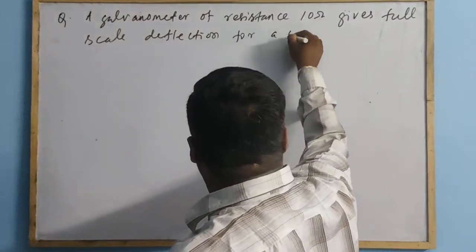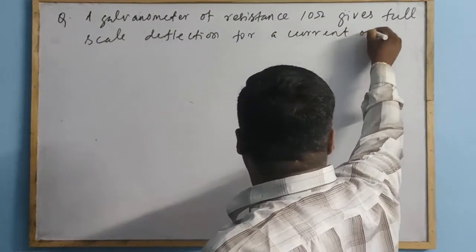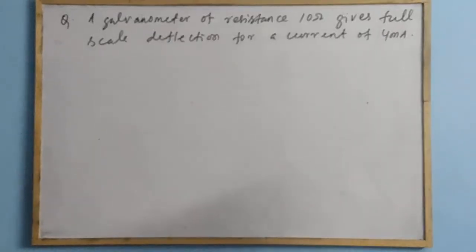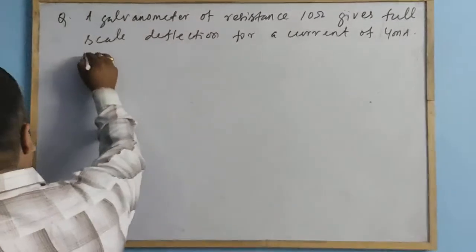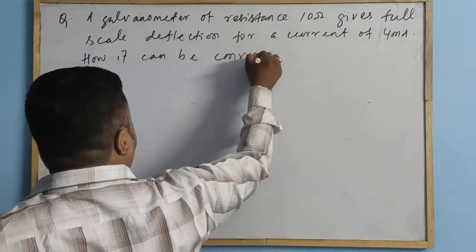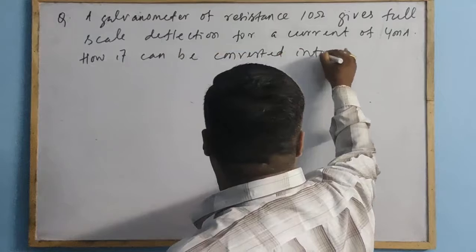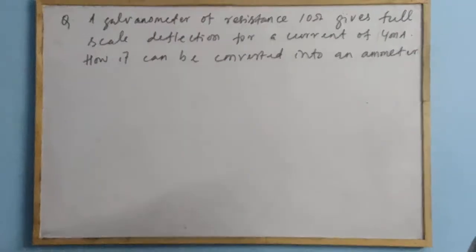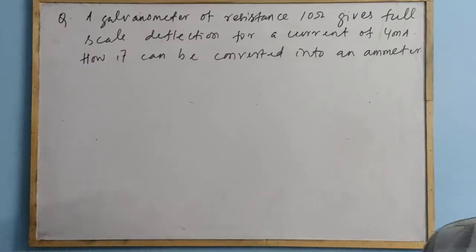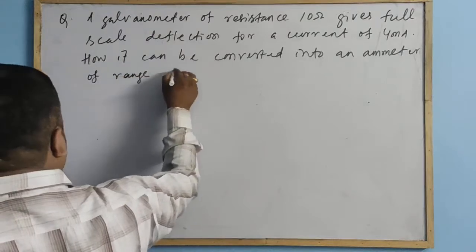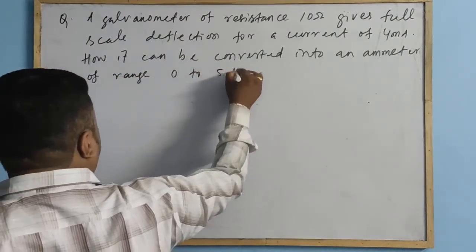How can it be converted into an ammeter of range 0 to 5 ampere?